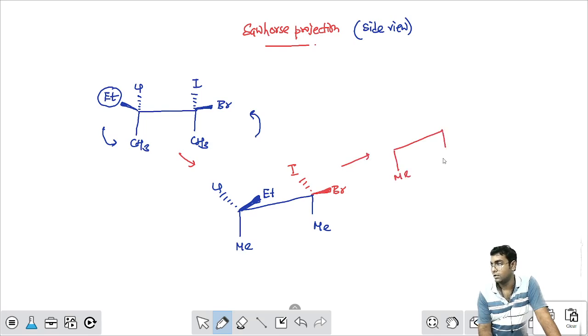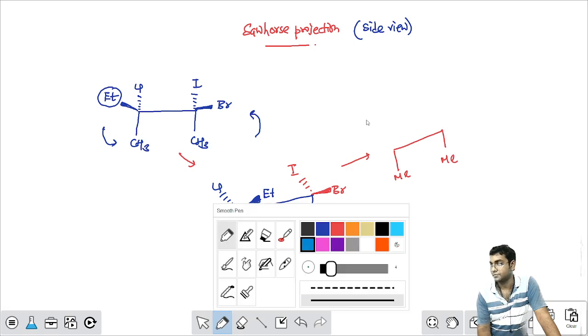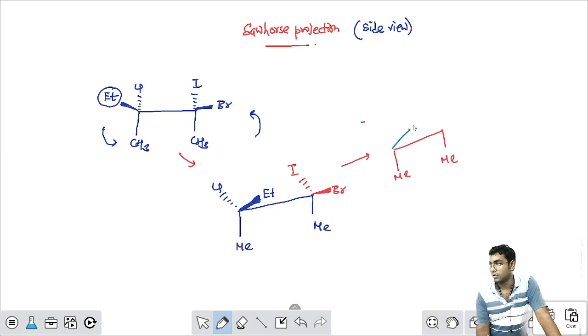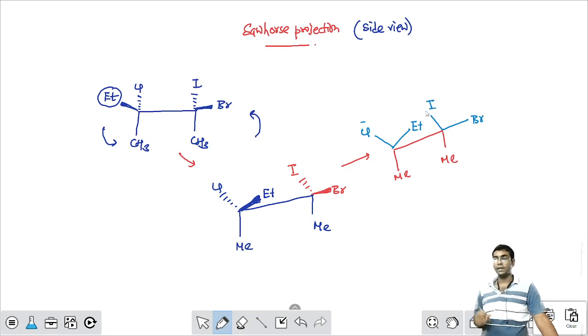Methyl, methyl and ethyl, chlorine, bromine, iodine. Something like this. Same thing, we have not considered any dash or wedge notation, rather we have shown it in a line notation.